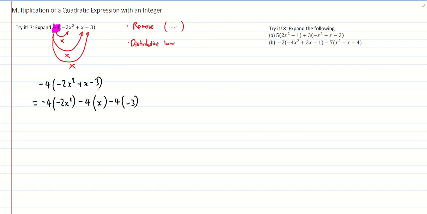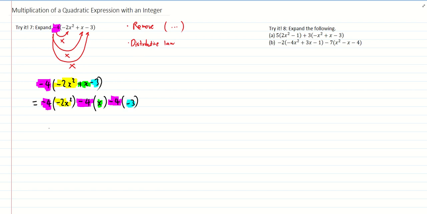To help you see this better, negative 4 will be distributed evenly to every single term. So let's highlight every single term. The negative 2x squared is in yellow, so it will get distributed here, and then the positive x is in green, distributed here, and then negative 3 is here.